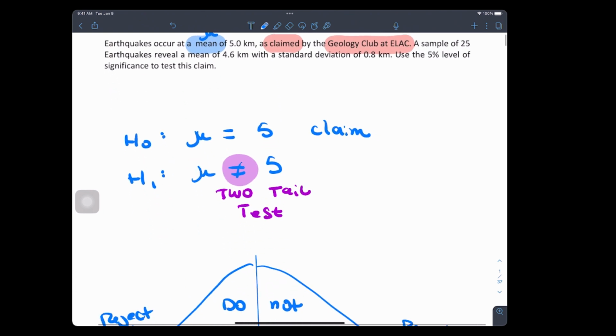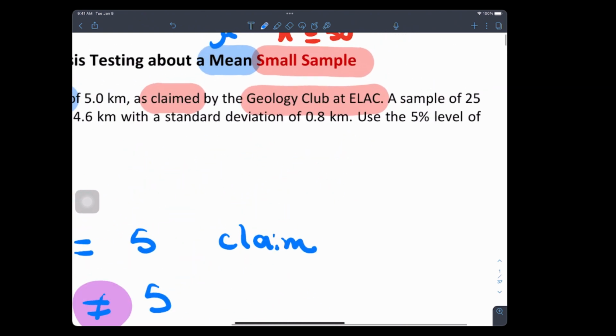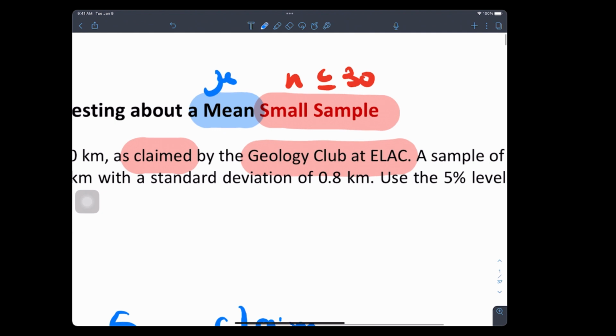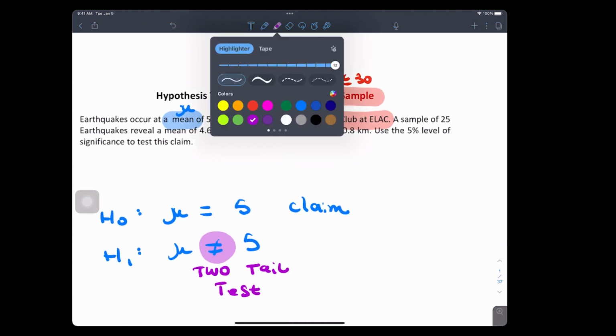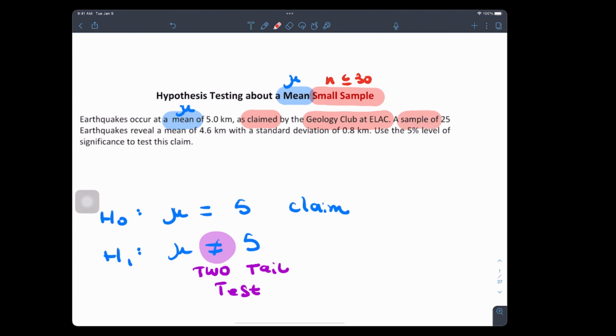Now, remember, this is all about examples that have small samples, right? So when you read and you take your sample, you say, oh, a sample of 25 earthquakes have a mean depth of 4.6, standard deviation of 0.8. So isn't that the sample size? And they told you it's a mean from a sample, so it's the sample mean.